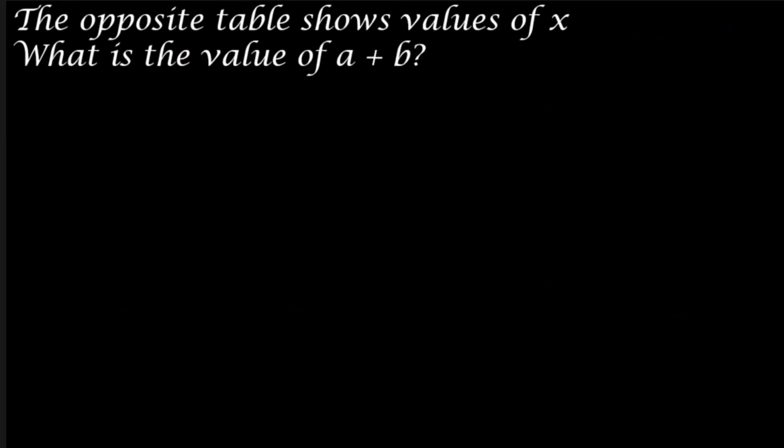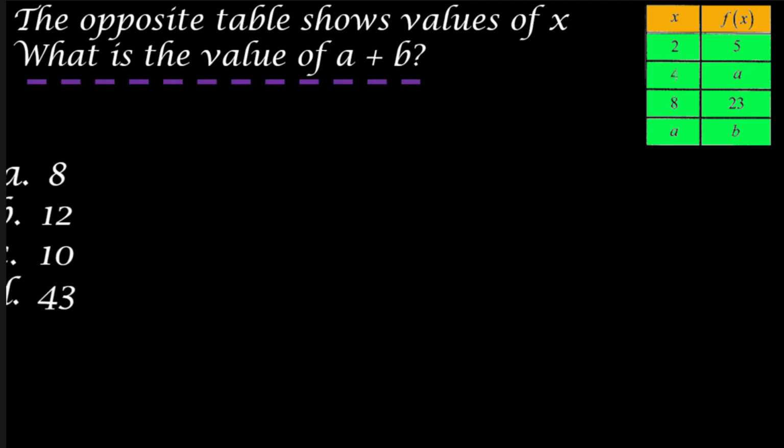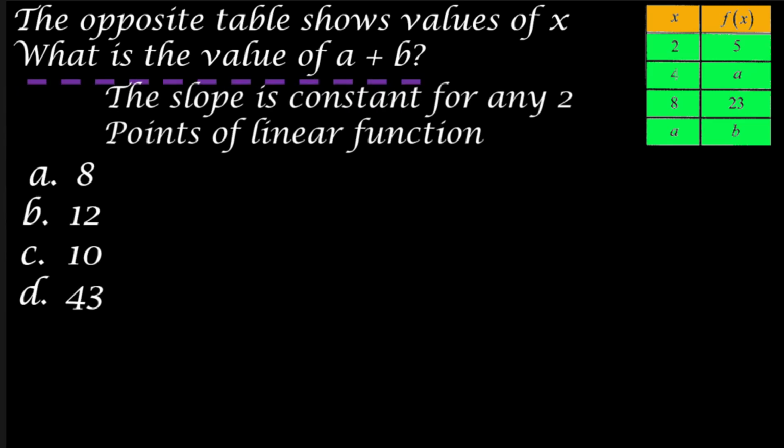Let's have another example. We have a table with x and f of x. x equals 2, 4, 8 and a, and f of x equals 5, a, 23 and b. He is asking what is the value of a plus b. To find the value of a plus b, note the slope is constant for any 2 points of a linear function.